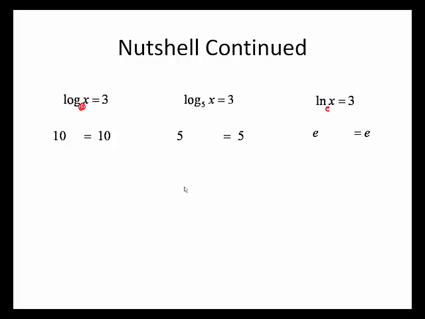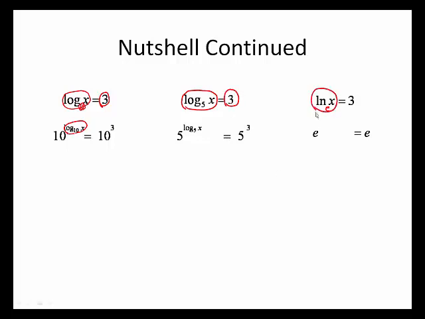Then I would say, whatever's on the left-hand side, that whole thing becomes the exponent here. Whatever's on this side becomes the exponent here. The left-hand side here becomes the exponent for the left-hand side, and this becomes the exponent for the right-hand side.